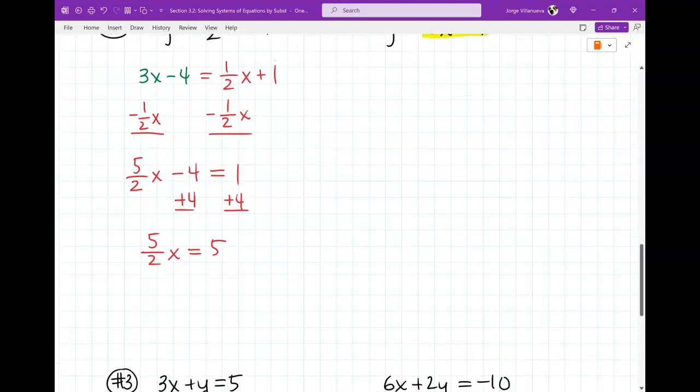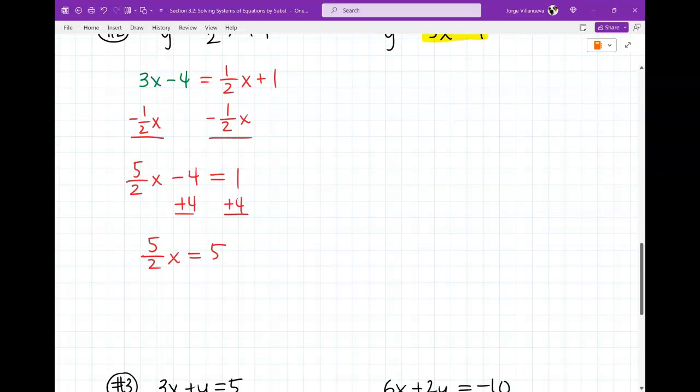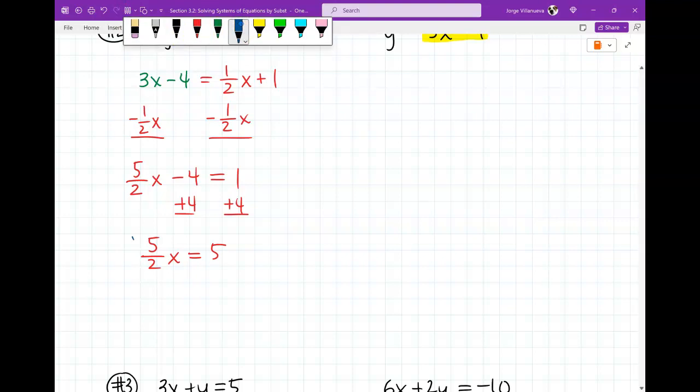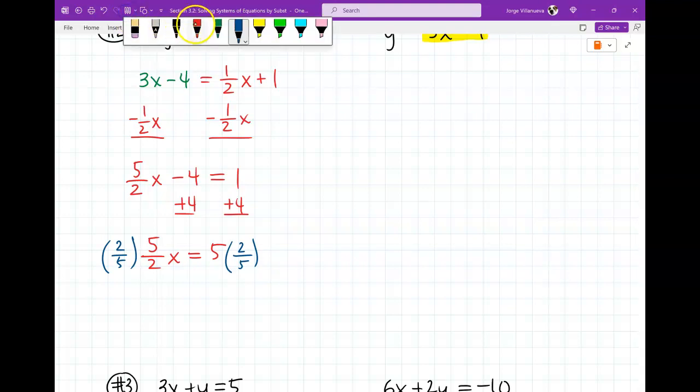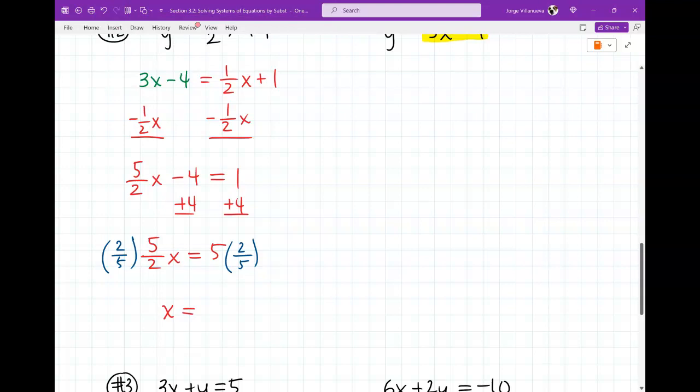Okay? What did we learn about a fraction next to a variable? How do I get rid of it? Multiply by the reciprocal. Flip it over, right? So I'm going to multiply by the reciprocal, 2/5. So on the left side, it all cancels out. You just got x.